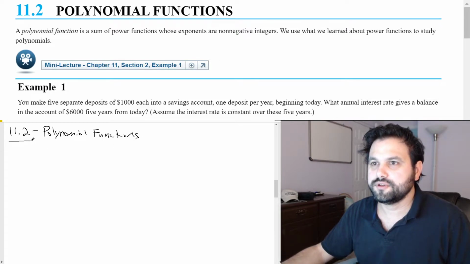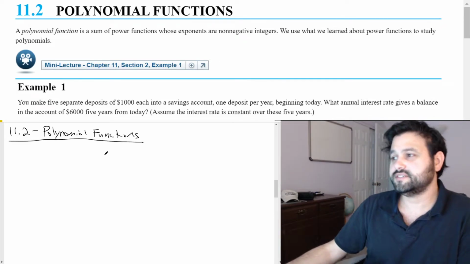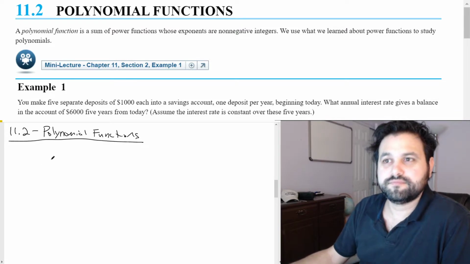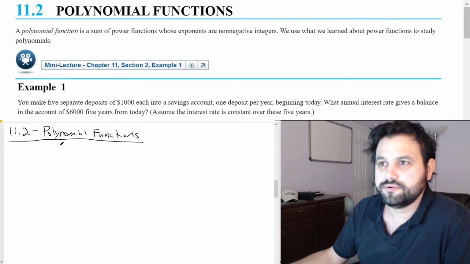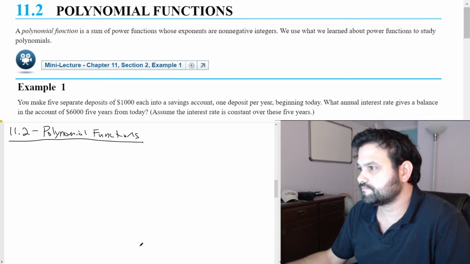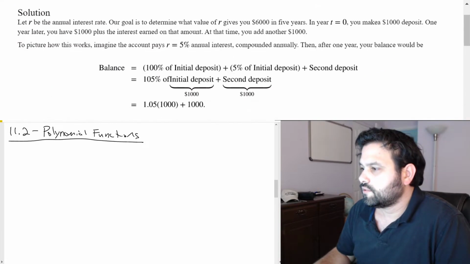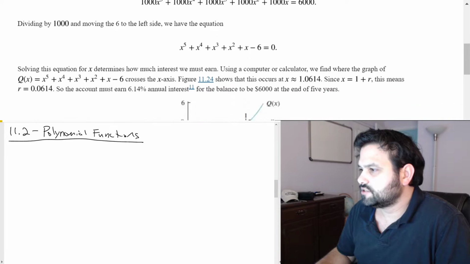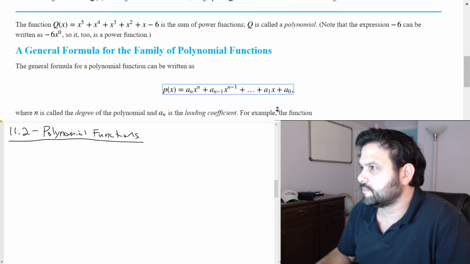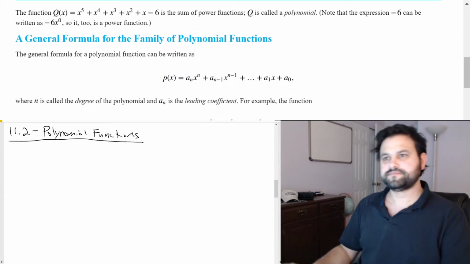Okay, so you guys might remember most of this stuff because I know we did a pretty good chunk of time in Algebra 2 on polynomial functions. But let's just take a look here. Really what we want to do is get down to the basics of this, okay? So let's talk about what a polynomial function is.